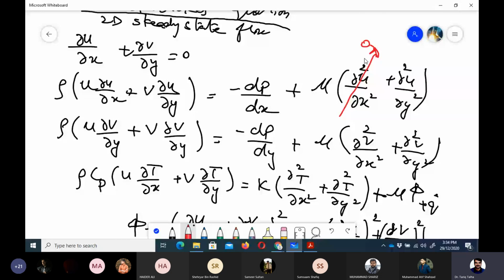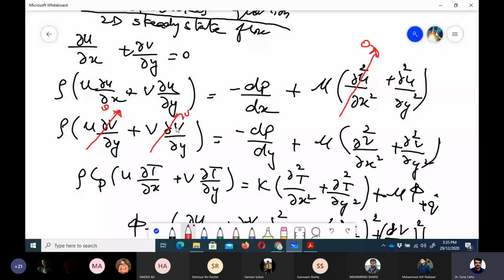So partial squared u upon partial x squared would be neglected as compared to partial squared u upon partial y squared. Now for the y equation, because partial v by partial y is very small compared to u, we say this term is equal to 0, and then v into partial v by partial y is also 0, because a small quantity is being multiplied by an even smaller quantity, so it is negligible.